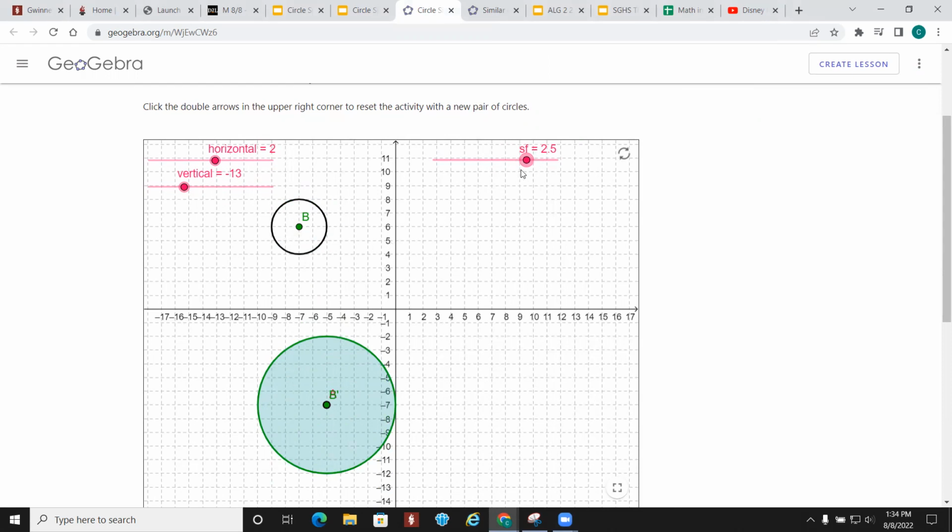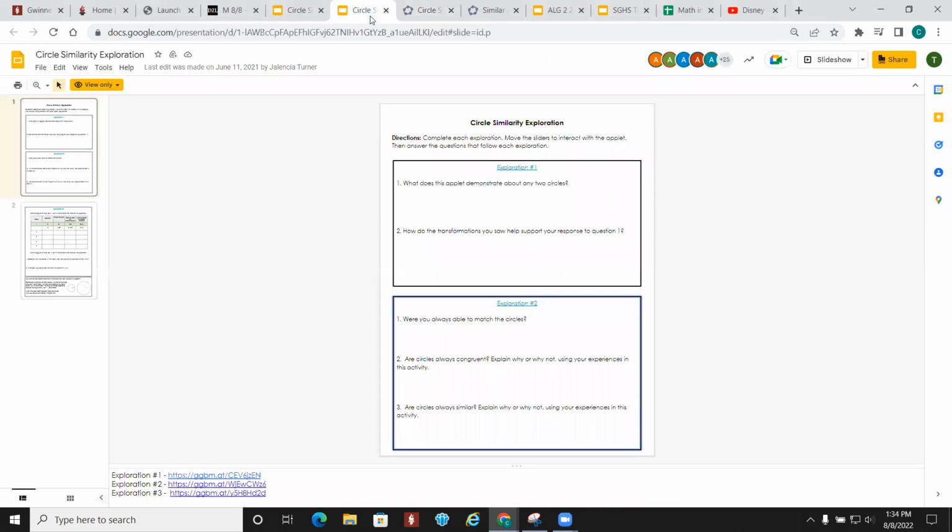Coming back over here, it says, were you always able to match the circle? Yes. Are circles always congruent? No. What does congruent mean? Same shape, same size, right? Circles are not always the same size.